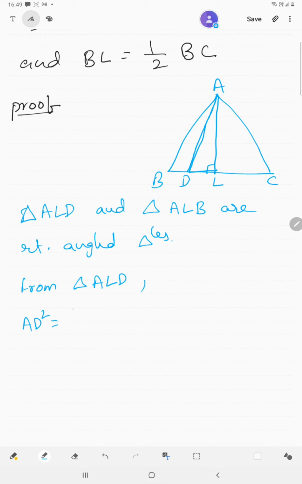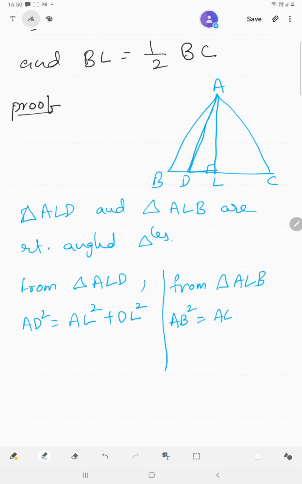So AD square is equal to AL square plus DL square. From triangle ALB, here AB is the hypotenuse. AB square is equal to AL square plus BL square.